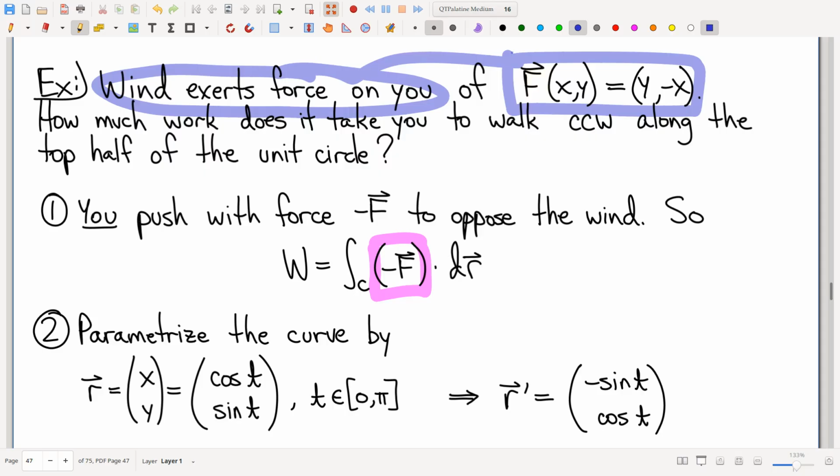So, real easy to mess this up, but the force that I was given here, capital F, is not the right force. Minus F is the right force. Is everybody on board with that? An annoying little inconvenience of the way reality works, but that's what we got to do.